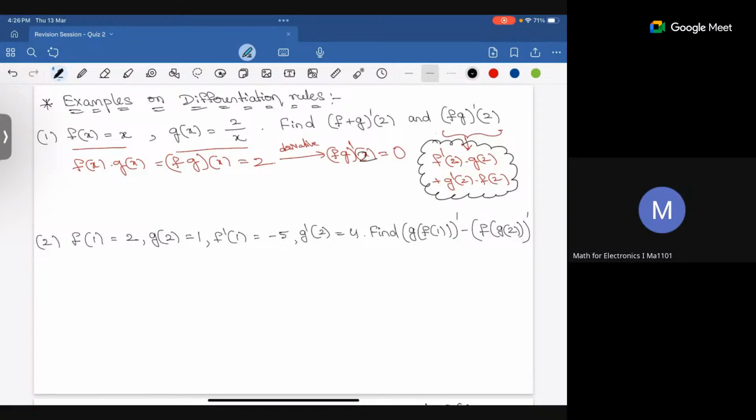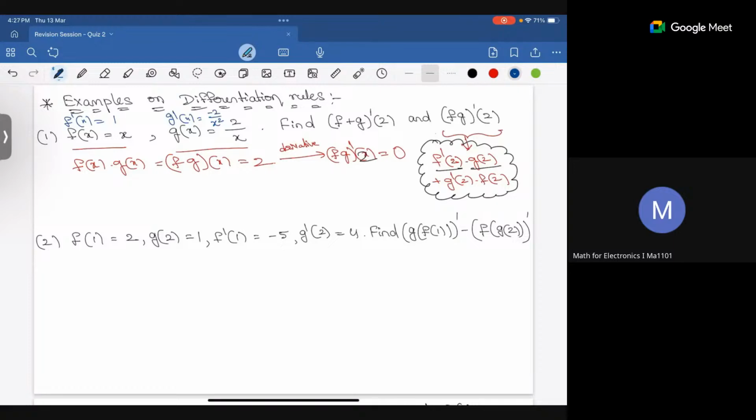You will get 0 only, but you have to compute g of 2 and f prime of x, which is 1, and g prime of x, which is 2 times x to the power minus 1. So if you take the derivative, you will get 2 minus 2 by x square, right?